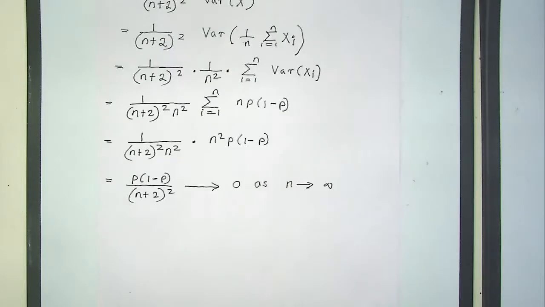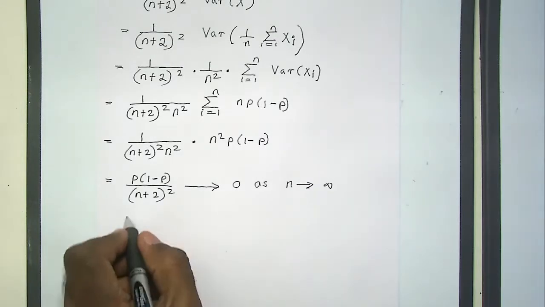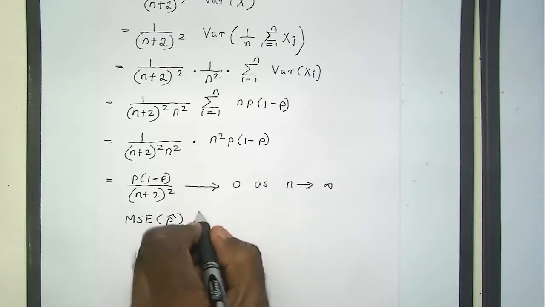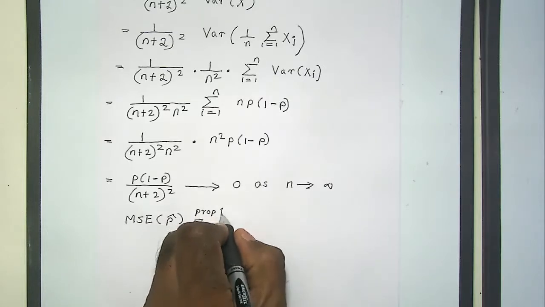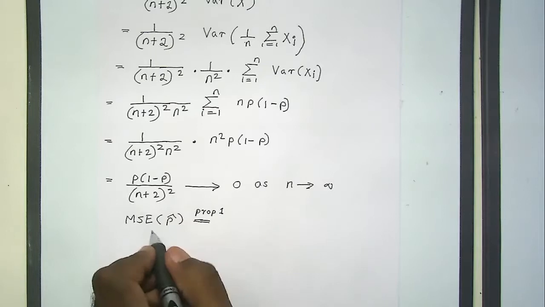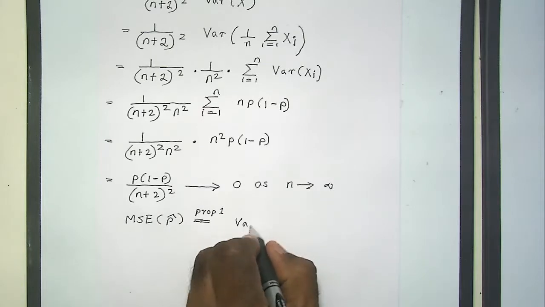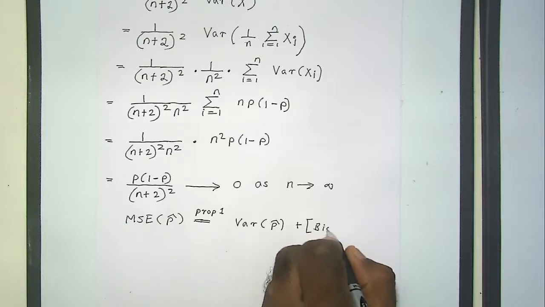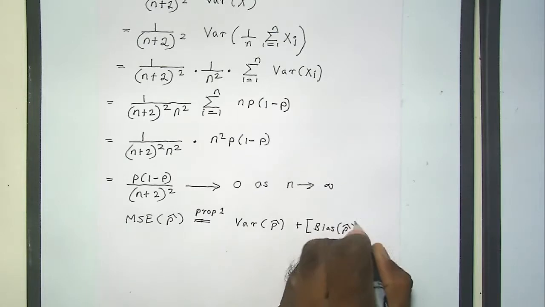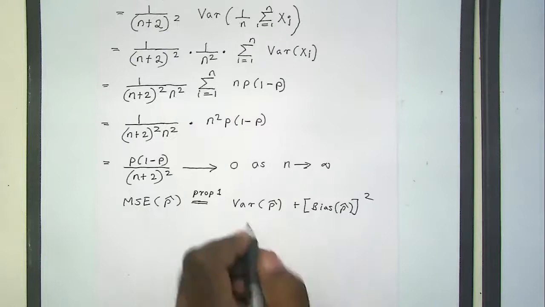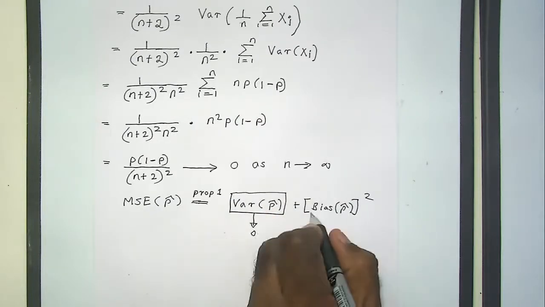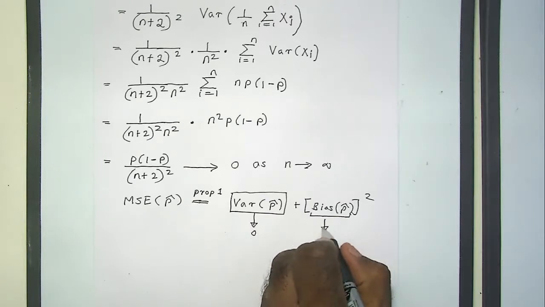So both the bias and the variance go to 0. If you look at the MSE of p hat, using property 1 I proved in the lectures, you may remember that MSE is the variance of p hat plus the square of the bias. We have shown that this goes to 0, and this goes to 0 too.